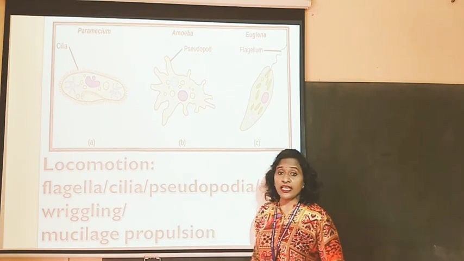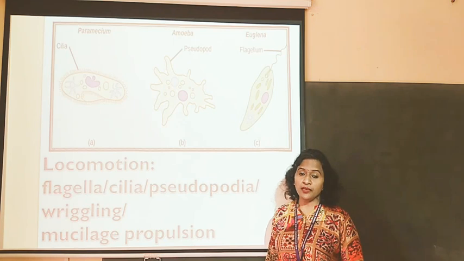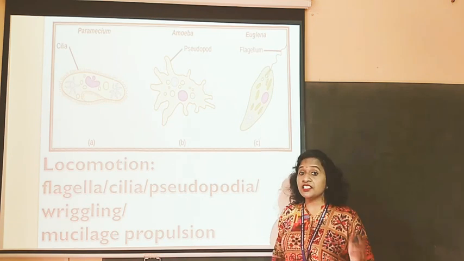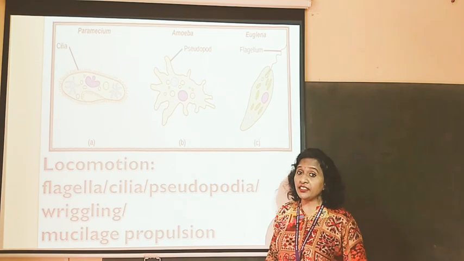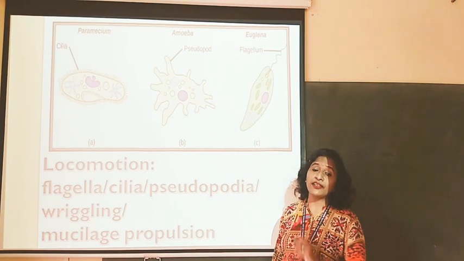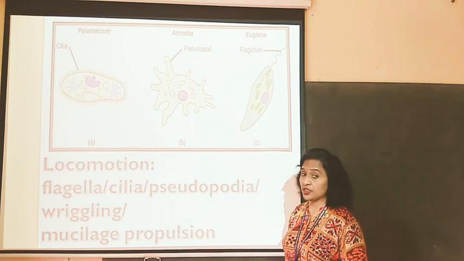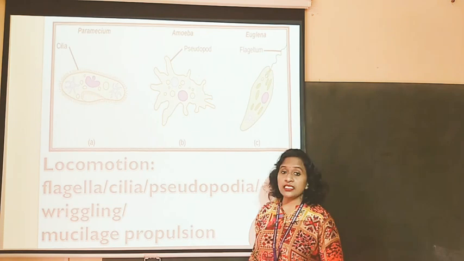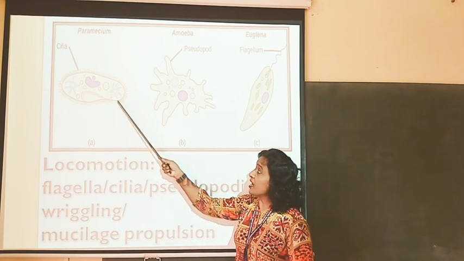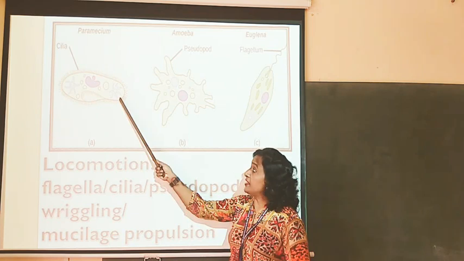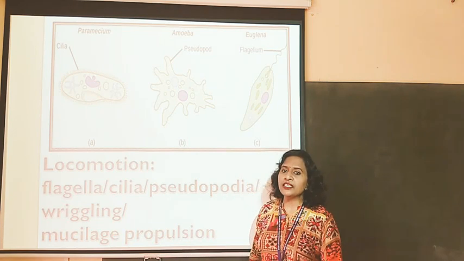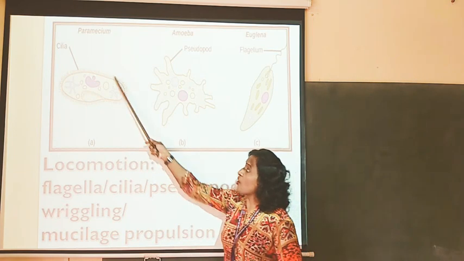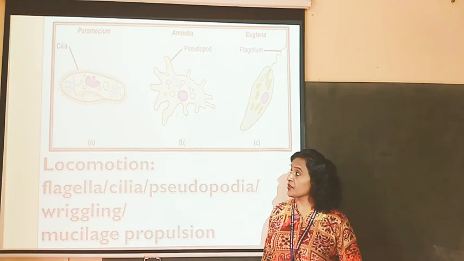So in some organisms they have flagella. Flagella is the protoplasmic appendage which helps in the movement of these species. Okay, so it is a long thread-like structure. Next is cilia. Cilia are numerous, small fiber-like structures arising all over the body.